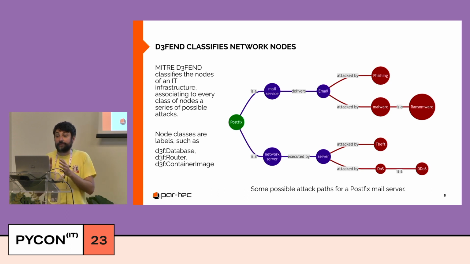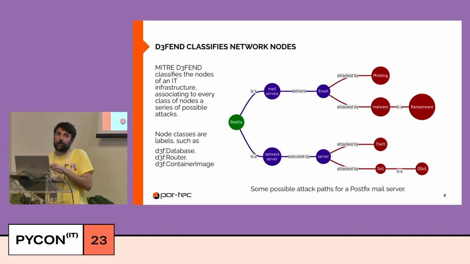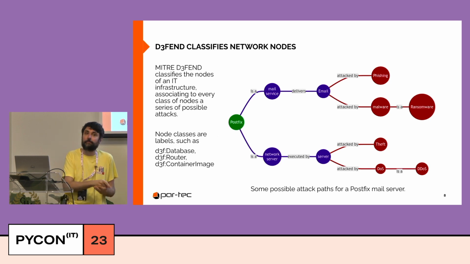A mail service delivers email. Email can be attacked by phishing, can be attacked by malware, and ransomware is a malware. This means that a ransomware can attack through our postfix instance. This doesn't mean that the ransomware attacks the postfix, but can attack through postfix.